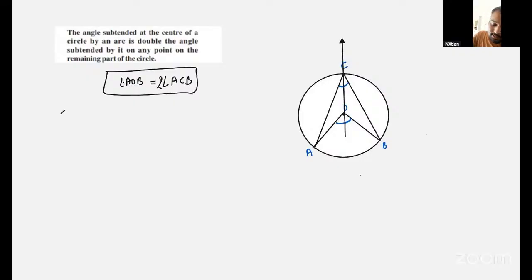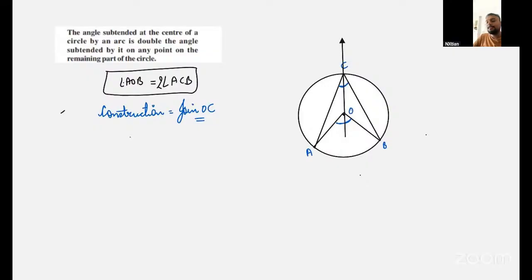Now I did a construction: join OC. Everyone pay attention, please. We have this O, which is the center angle.